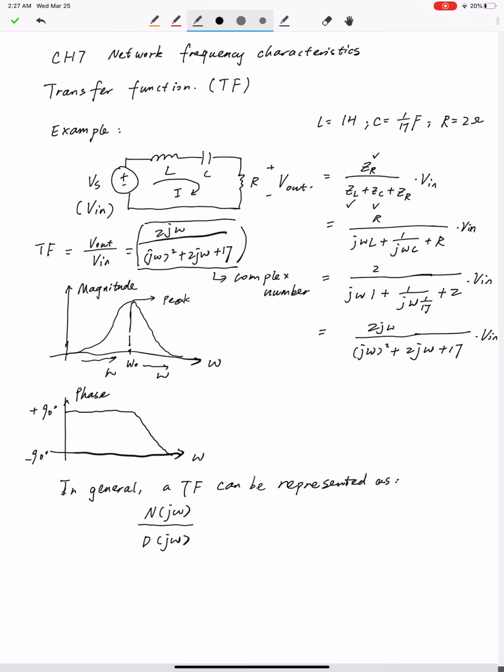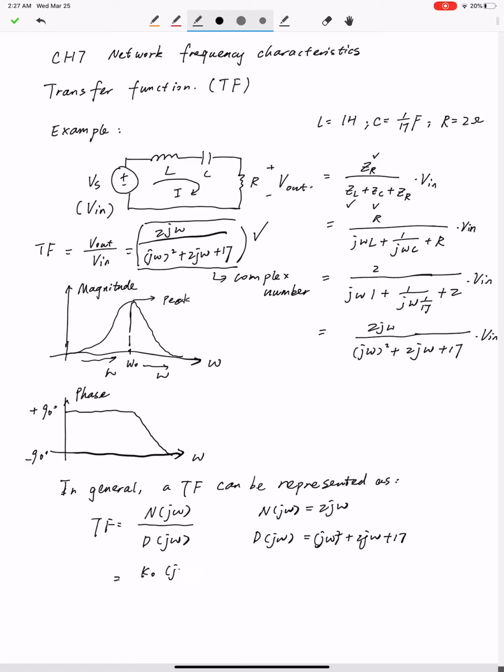We can verify this general form with our example. In this example, N(j omega) equals 2j omega, and D(j omega) equals j omega squared plus 2j omega plus 17. So the general form of a transfer function can be represented by a ratio of two functions with respect to j omega.